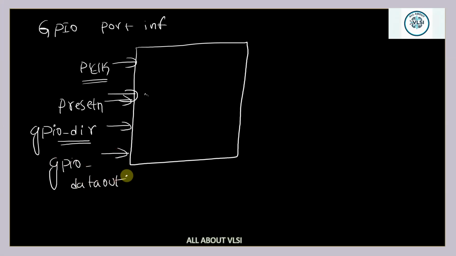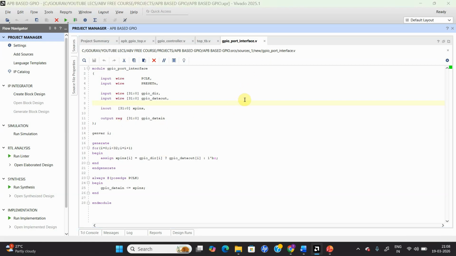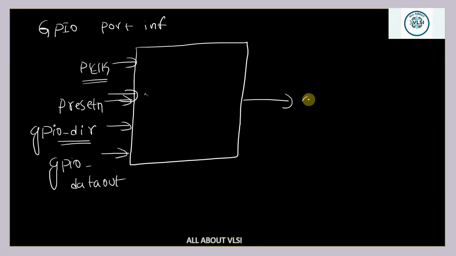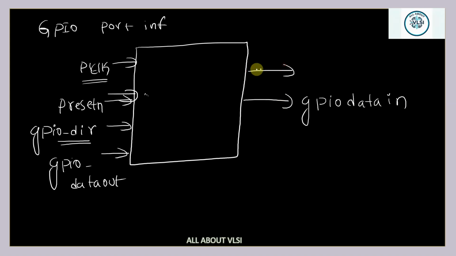And the output of this is GPIO data in, and another is the pins. So these are the signals which we are going to have. These are my inputs and outputs of this GPIO port interface.